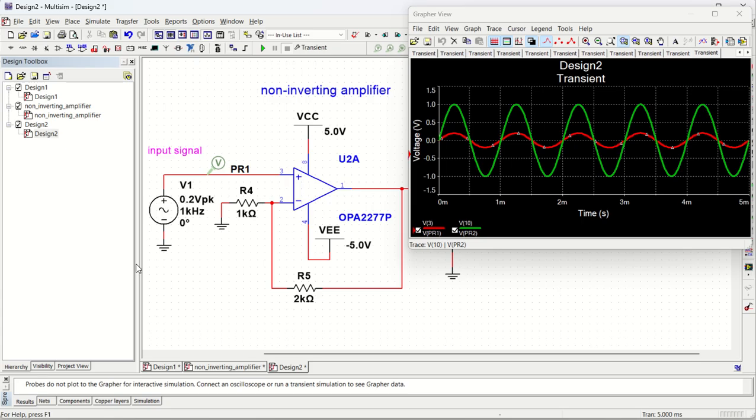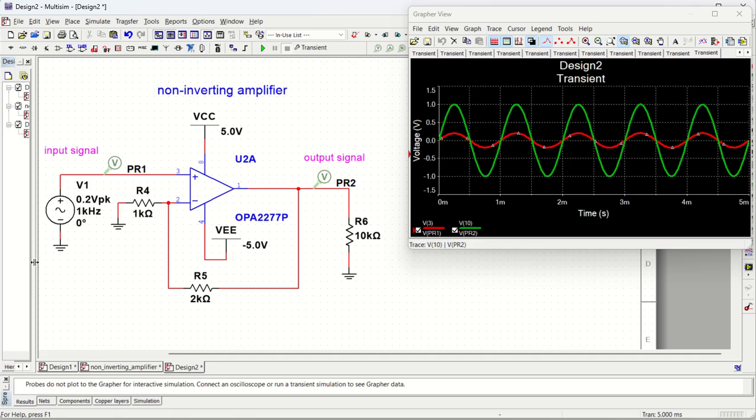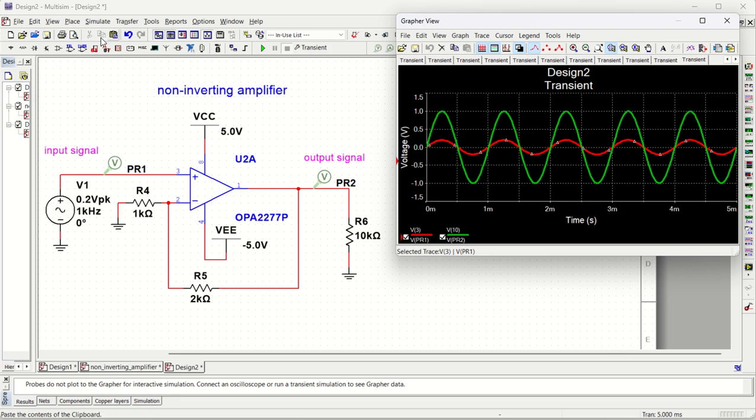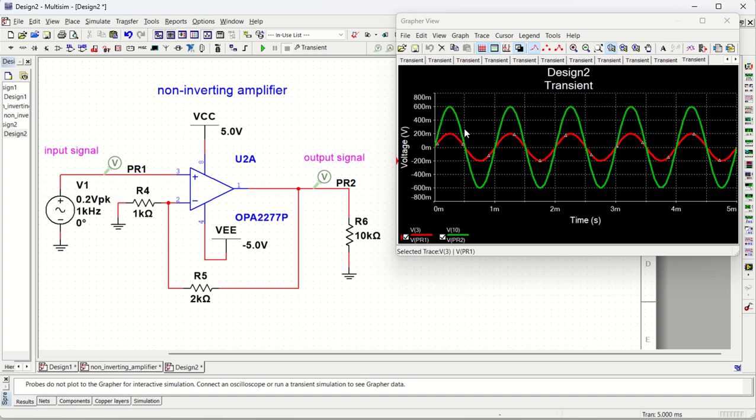Let me bring out a little here so that you can very easily see the circuit. Okay, yes, so this is my circuit and this is my output, both put together you can see very easily. So now let us run it. Okay, so input voltage is 0.2 volt, that is 200 millivolt, and 200 times 3 is 600, so maximum 600 millivolt, minus 600 millivolt it is coming.